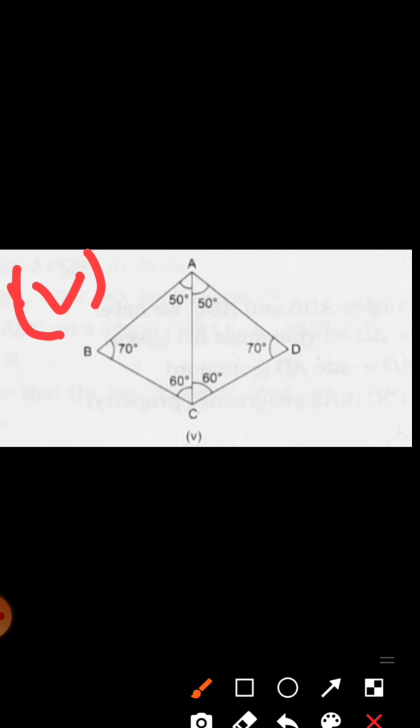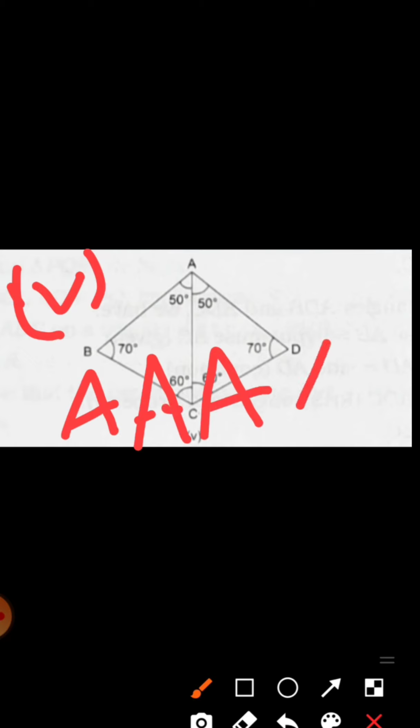We can see this angle is equal to this one, and angle B is equal to angle D, both of 70 degrees, and this angle is 60 degrees, and this is also 60 degrees. So all three corresponding angles are equal, but we do not have any property like AAA to prove that the triangles are congruent.